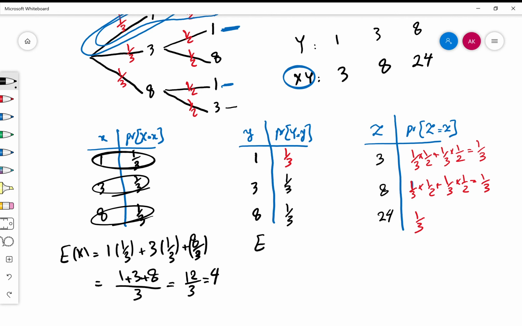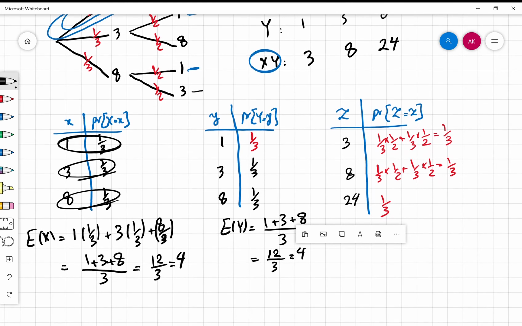How about E of Y? Very similar computation: 1 times 1 over 3, 3 times 1 over 3, and 8 times 1 over 3. That gives 12 over 3, which is 4. How about the last piece?